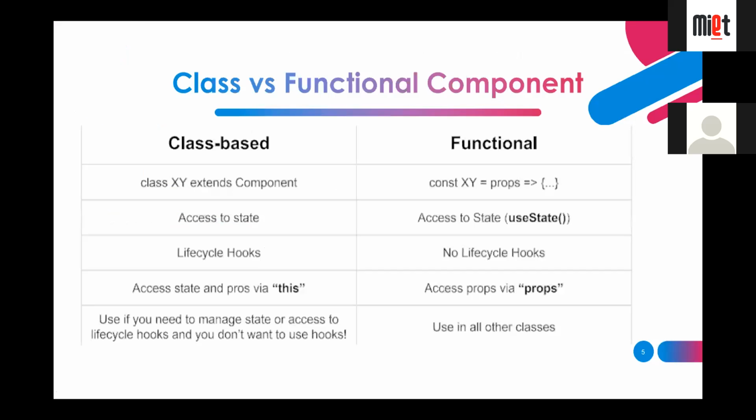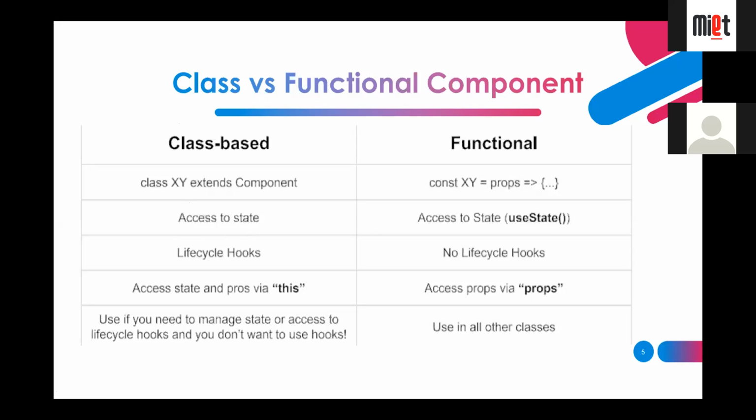Okay. So what is the basic difference between class and functional components? A class component is defined as a class which extends a component that is derived from the React library. A functional component is just a simple function returning some JSX, or some element, you can say. A class has access to state. What is state?